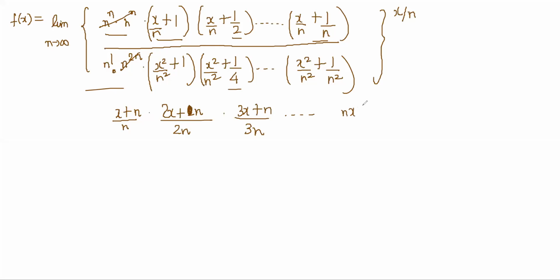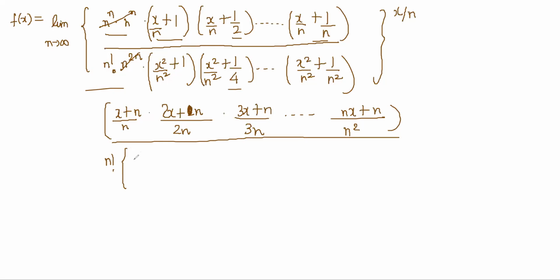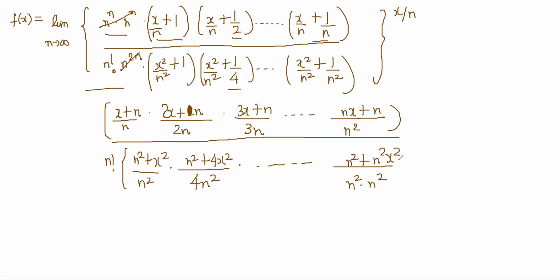You get nx plus n by n square on top. And here you start getting n factorial into n square plus x square by n square, n square plus 4x square by 4n square, and so on. n square plus n square x square by n square into n square.